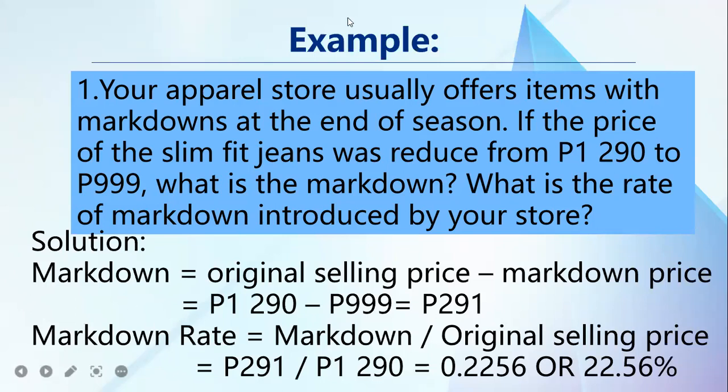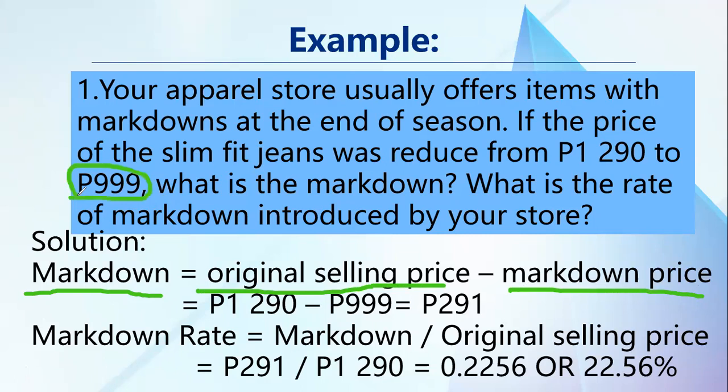So, to get that, you have to find first what is the amount of markdown. So to get that, the new markdown price must be subtracted from your original selling price.